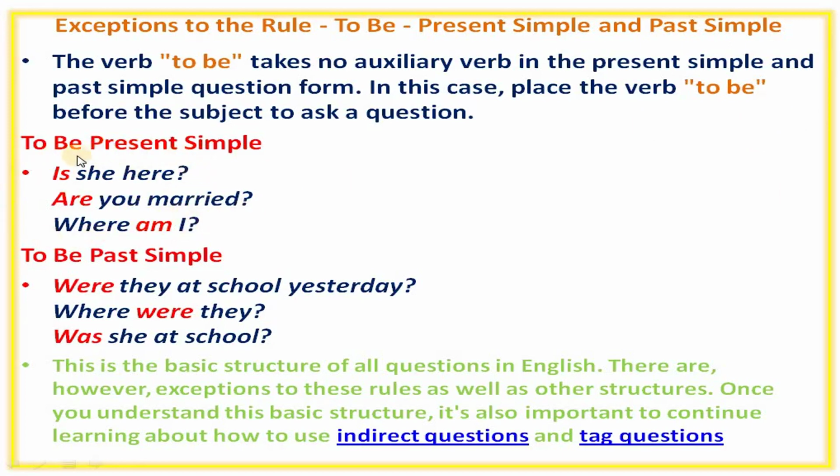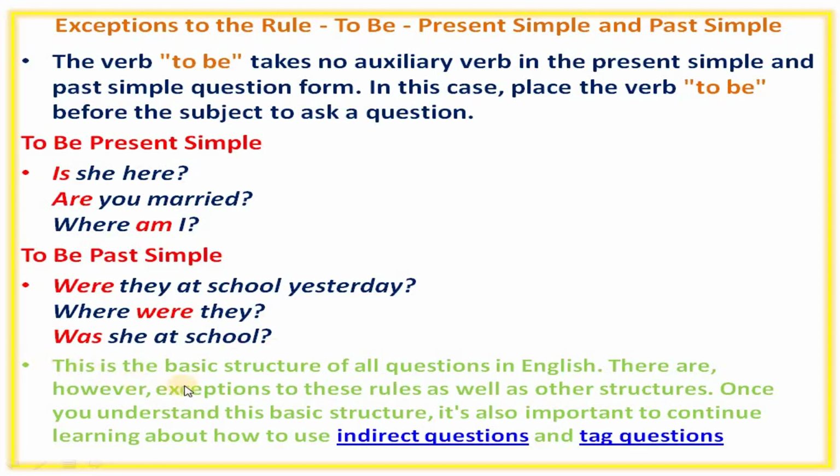So here the to be form is placed before the subject. To be, past simple: Were they at school yesterday? Where were they? Was she at school? So these are the examples for the above statement.